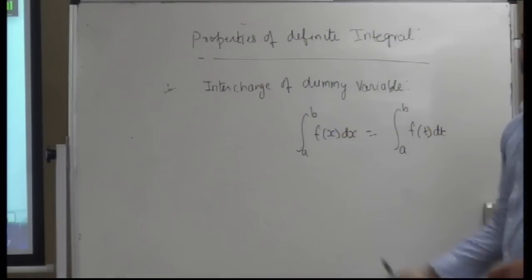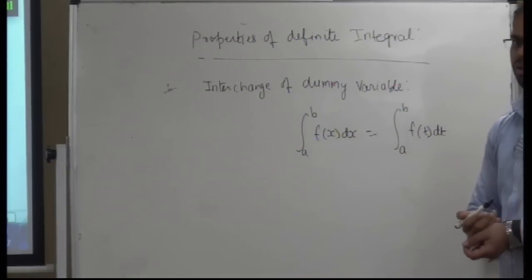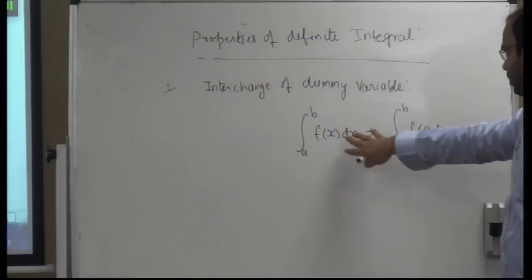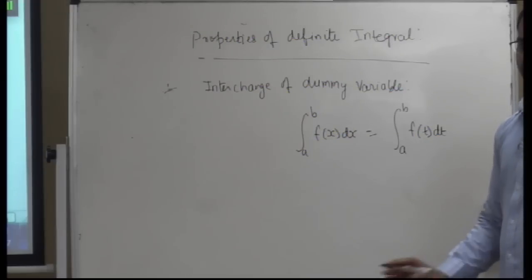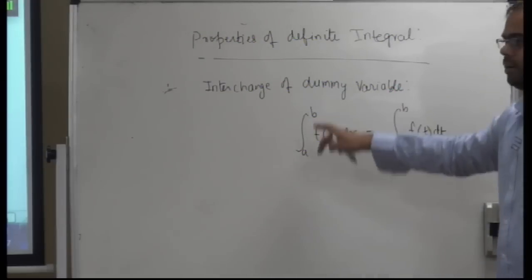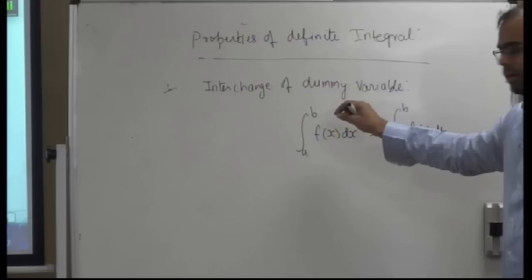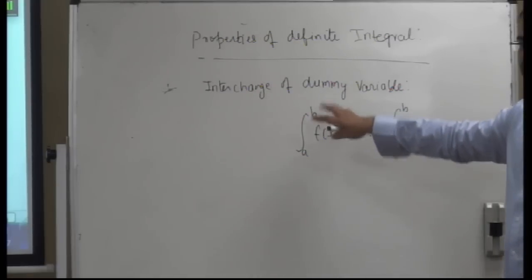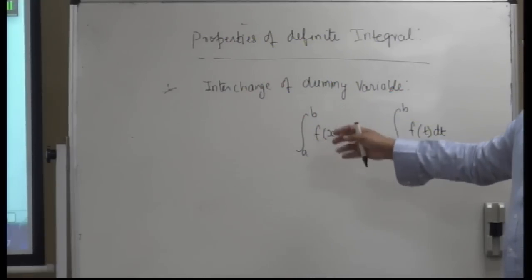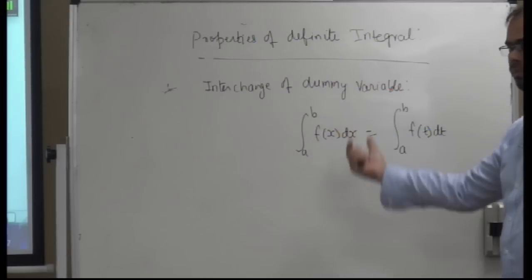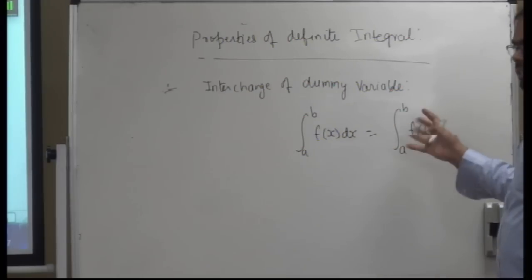This variable is x, which is a dummy variable, also called the element of integration, and it can be changed with another dummy variable t. That won't affect the value of this definite integral, because in the definite integral this dummy variable is not present at the end. The value is present. That is, we don't get the answer in terms of x, we get the answer as a value. So whether it is x or t, it doesn't matter.